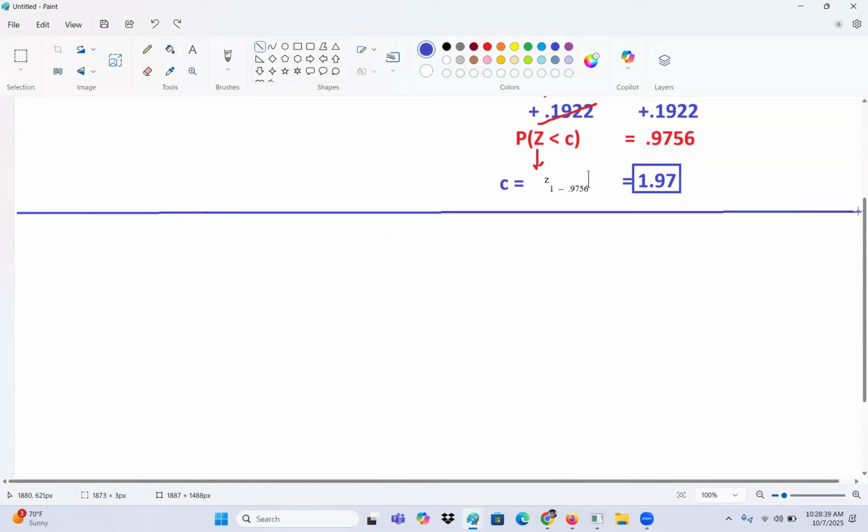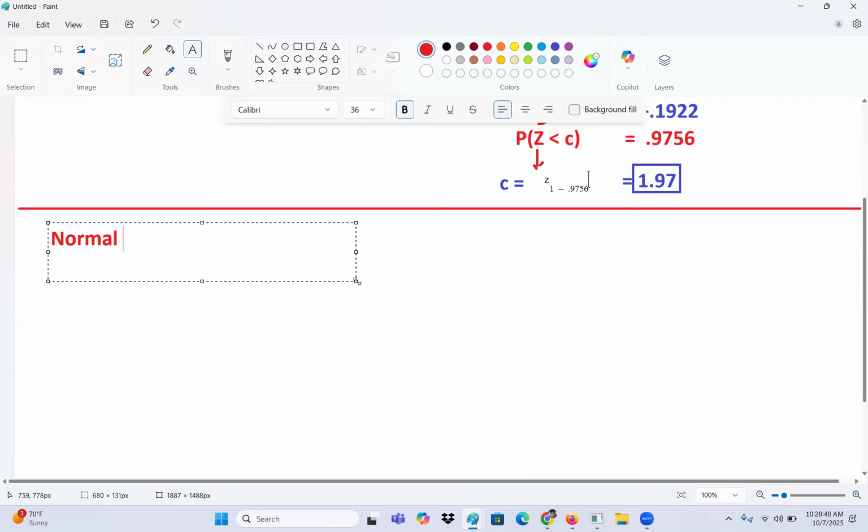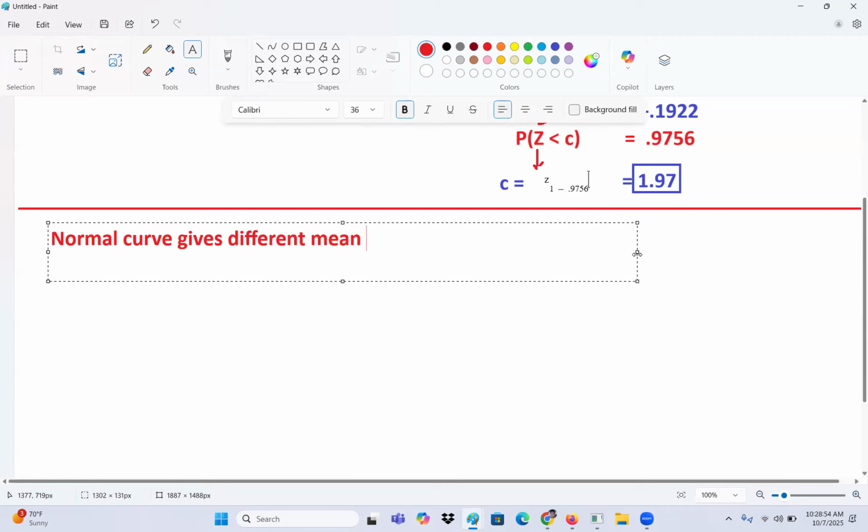Because if we have the minus out here, we could multiply by -1 on both sides, and we get the minus over on this side. So the normal curve gives different means and different standard deviations. Each of them has the possibility of one of them and different standard deviation. But the reason why we discard the other two options is because of the option where, let me just put a little space between them. This.